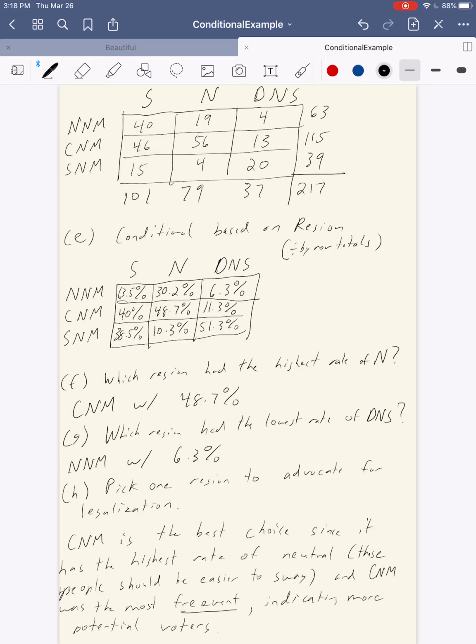So what this basically tells us is that central New Mexico is a great pick because not only does it have the most easily swayable people, the highest rate of neutral, but it also just has the most potential voters, at least according to our data.